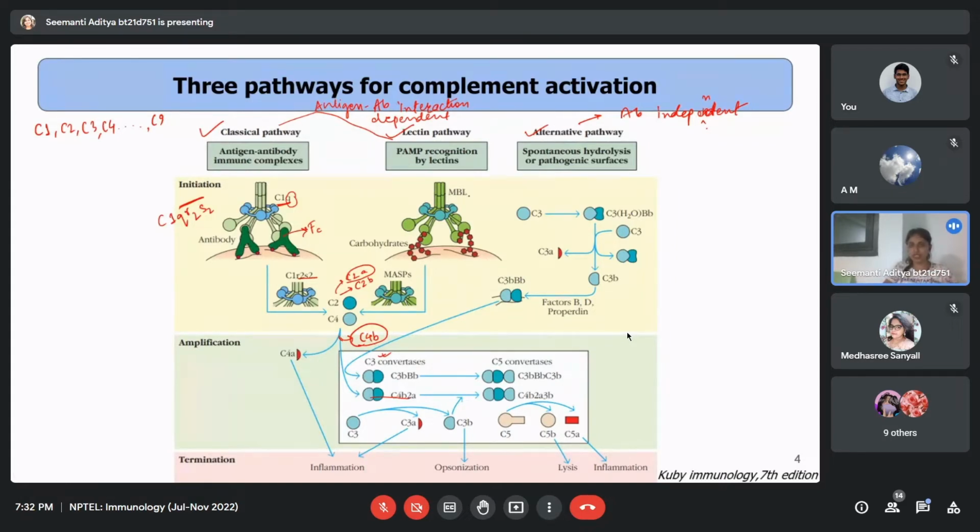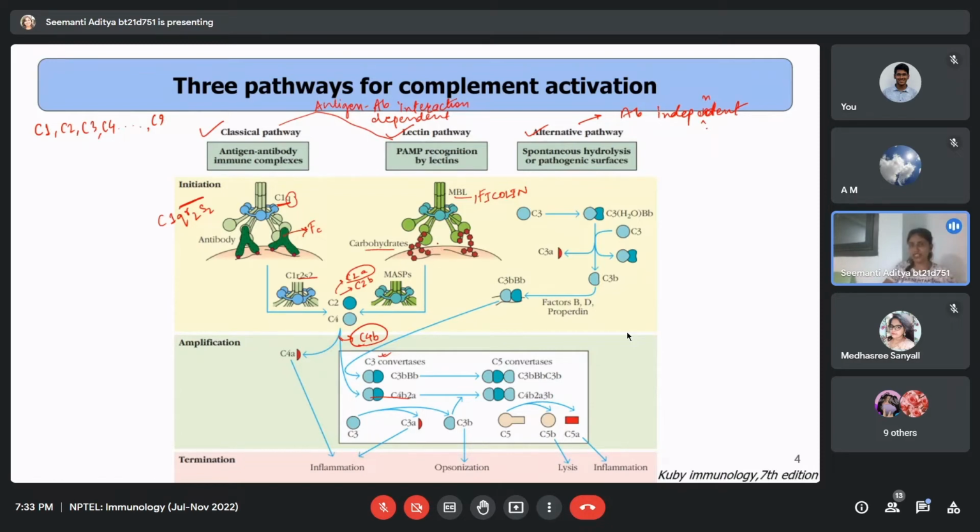So in the lectin pathway, instead of antigen antibody interaction, the pathway results in the binding of the carbohydrate moieties which are present on your pathogenic surface. These are directly recognized by certain proteins known as mannose binding lectin or ficolin. Recognizing this carbohydrate structure does not require antigen antibody interaction directly.